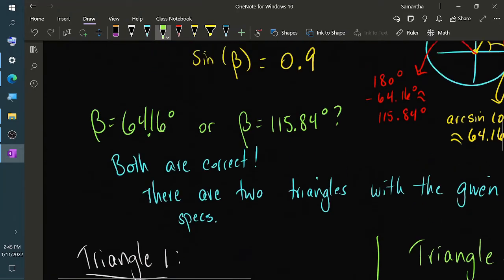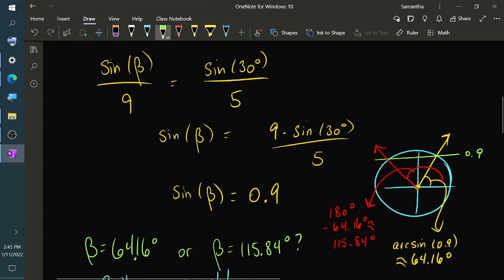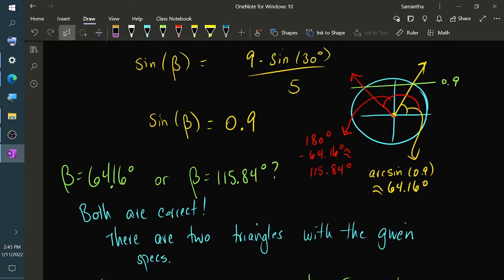For example, in this exercise, we were trying to find angles that satisfied the equation sine of beta equals 0.9. Now, one of the solutions to that equation was equal to the output of arcsine of 0.9. But there was a second angle which made this equation true, and that was this angle over here in quadrant number 2, this obtuse angle of 180 degrees take away 64.16.